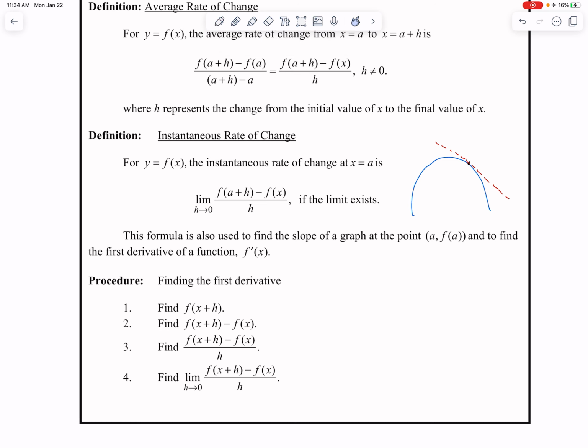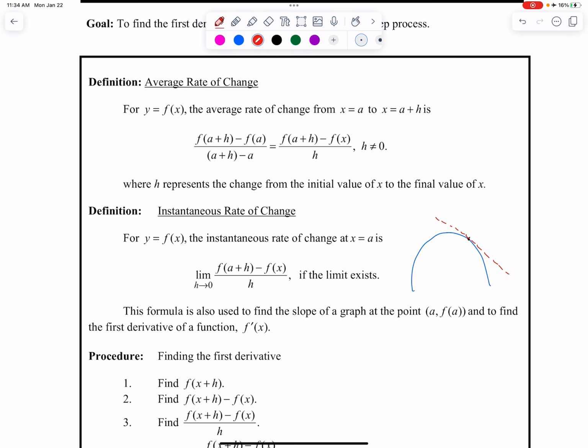So before, I guess I should have included a visual. If I had a function, my average rate of change would be like, okay, from here to here, what was the average change? So we're looking at the change that includes those 2 points. And we just labeled the difference from here to here as h on our x.